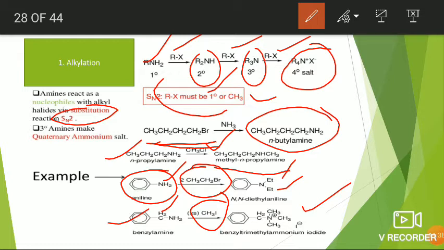Only primary alkyl halides and methyl halides undergo alkylation of amines. Amines may be aliphatic as well as aromatic, but the alkyl halide must be aliphatic only, because aromatic halides don't undergo alkylation reaction due to their less reactivity.